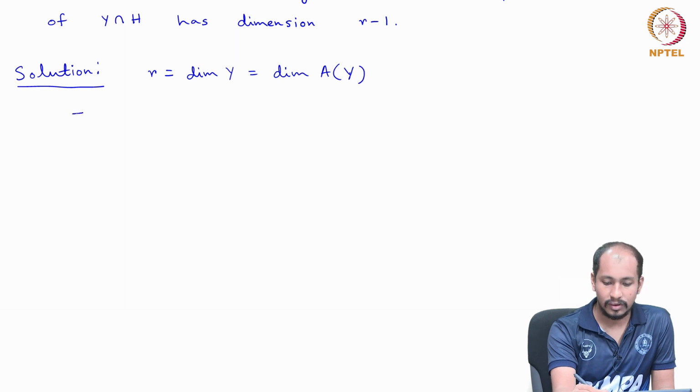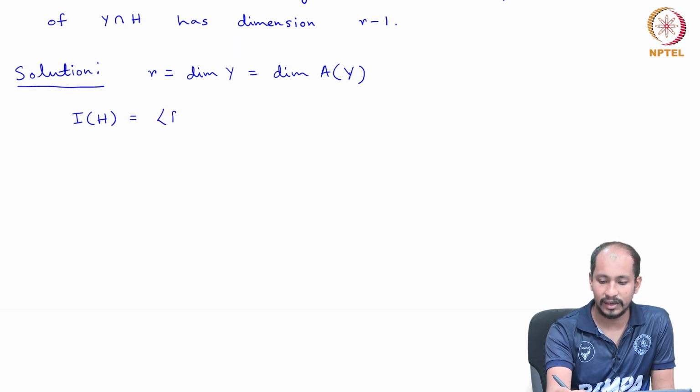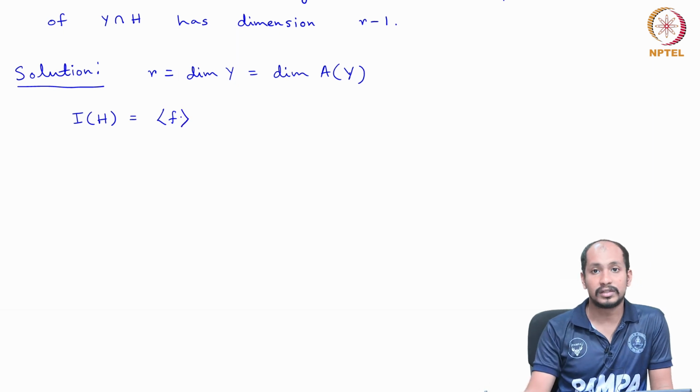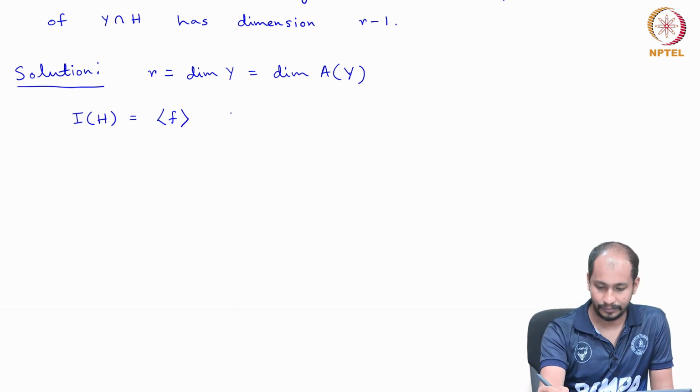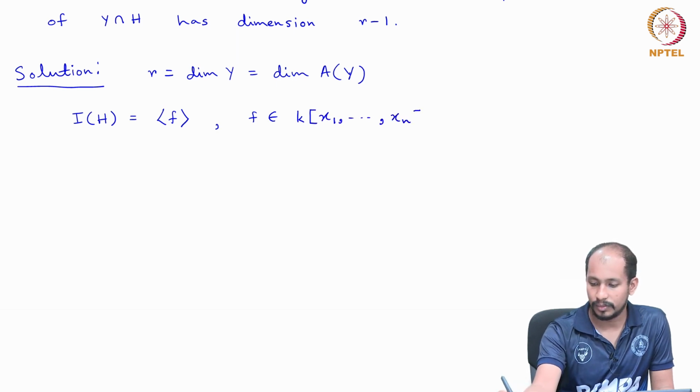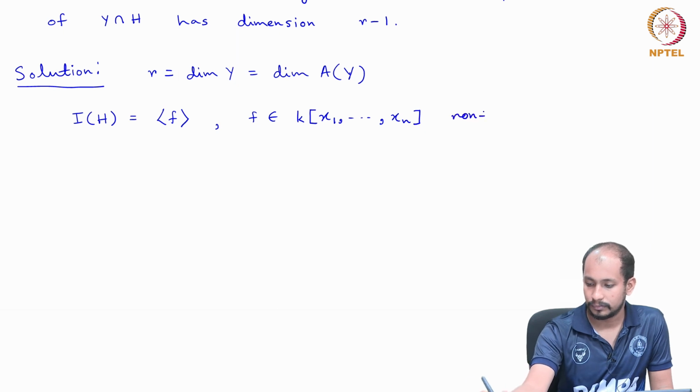Now also in the last tutorial we have seen that the ideal of a hypersurface is actually generated by a single non-constant polynomial. Okay. F is a non-constant polynomial.